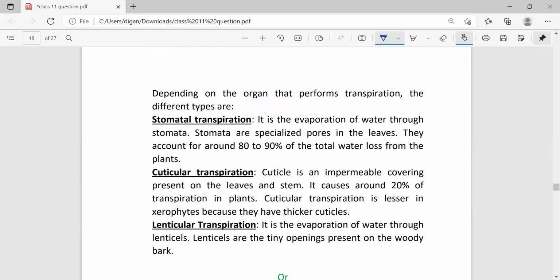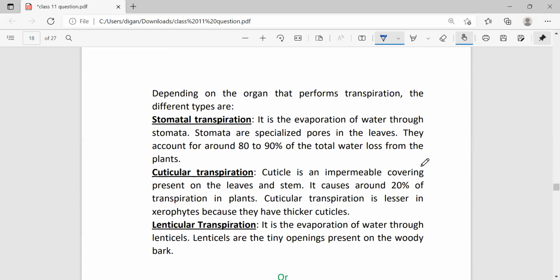And depending upon the organ that performs the transpiration, it is of 3 types. First one is stomatal. It means when transpiration takes place through the pores present on the leaf, means stomata, then it is called stomatal. And maximum 80 to 90% of our total transpiration takes place by this process. Second one is cuticular.